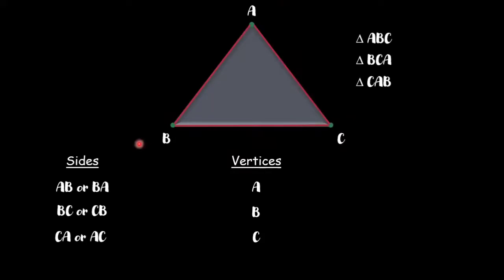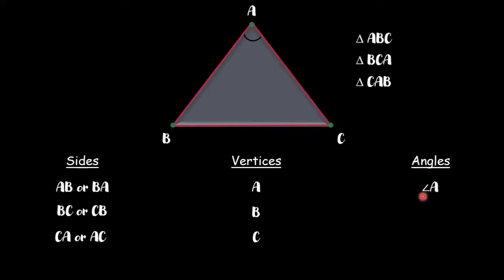Now, with these three sides, we also get three angles. So this is the first angle that is formed at vertex or point A. We can name it as angle A. This is the symbol to denote the word angle.